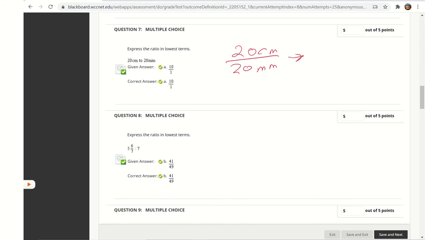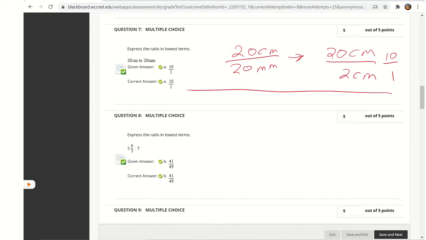If we want to convert that, so we'll make it 20 centimeters is 0.2. 20 millimeters is going to be actually not 0.2. It's going to be 2 centimeters. If we divide both those by 2, and now we've got the same term, centimeters, it is 10 to 1.